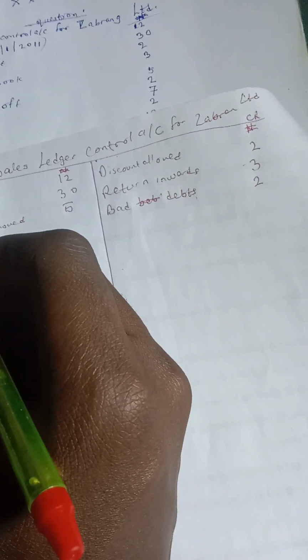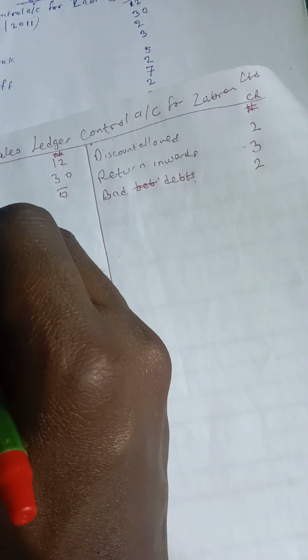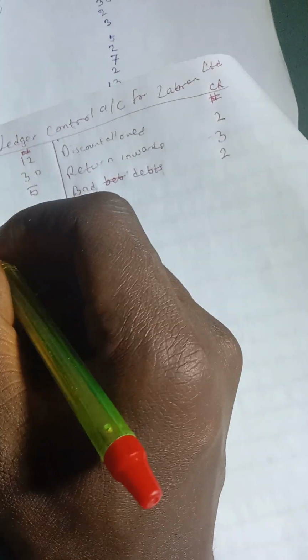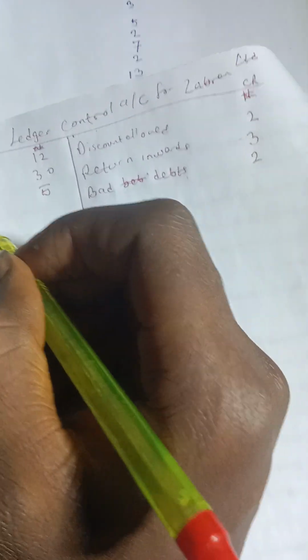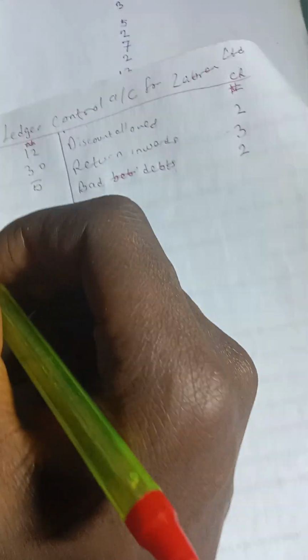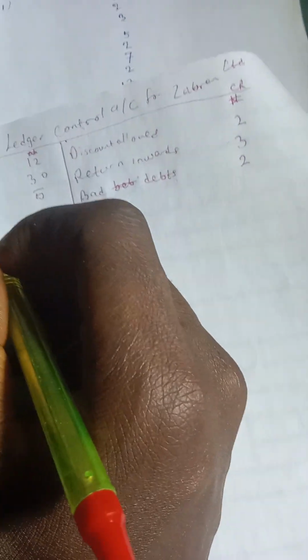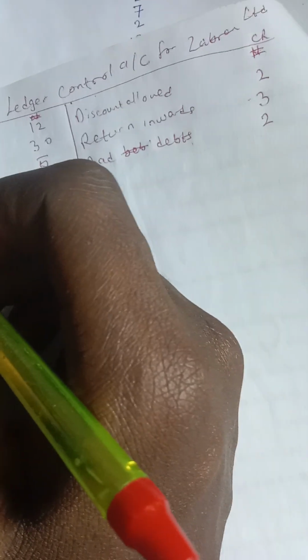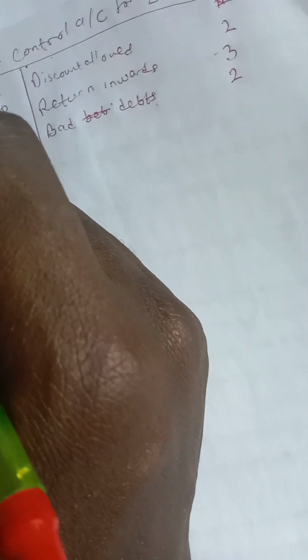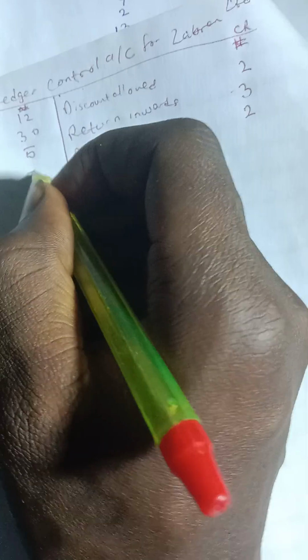So we move on. They say debit notes issued. Just remember, debit notes issued come to the debit side. If they say debit notes issued to debtors, it comes to the debit side of debtors. If they say debit notes issued to creditors, it comes to the debit side of creditors. Anywhere you see debit notes issued, it comes to the debit side of the person it was issued to. So the debit note issued is 7.